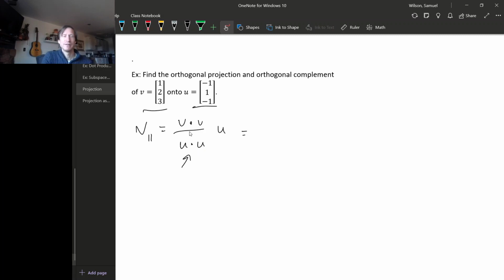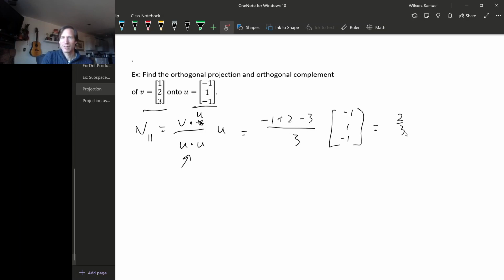So, oh, sorry, this shouldn't be v dot v, it's v dot u. Okay, so v dot u, that's 1 times minus 1, so minus 1, plus 2 times 1, so plus 2, and then plus 3 times negative 1, so minus 3. Right? And then in our denominator, u dot u, and that's going to be 3 times u, so minus 1, 1, minus 1.